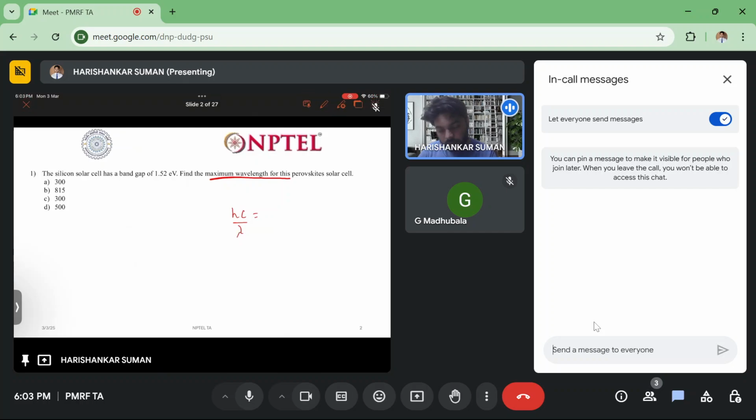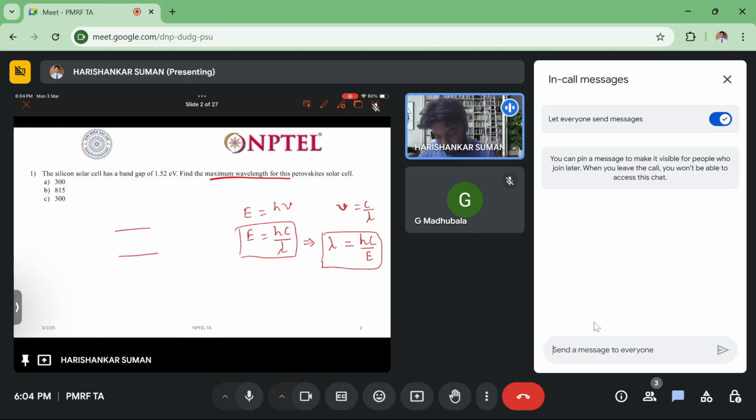Let me write simply first, then convert: E = hν, ν = c/λ. We have to use this relation for maximum wavelength. We can come to hc/λ. But let me tell you what the concept is.